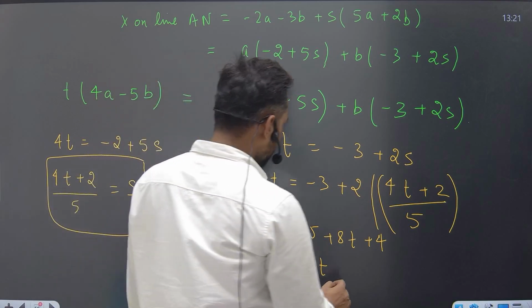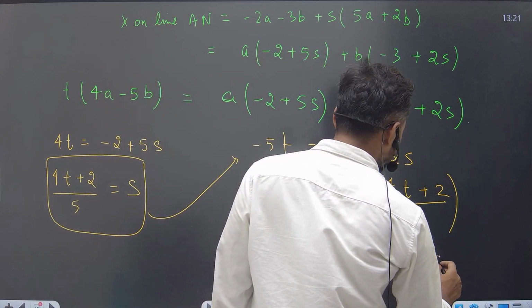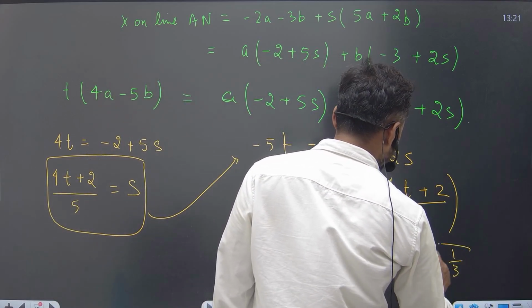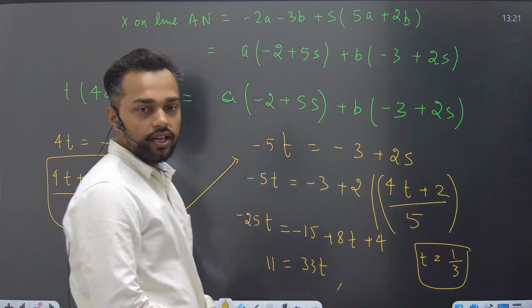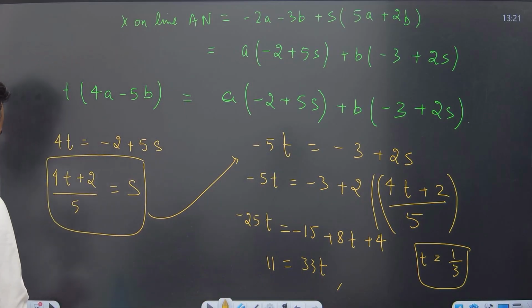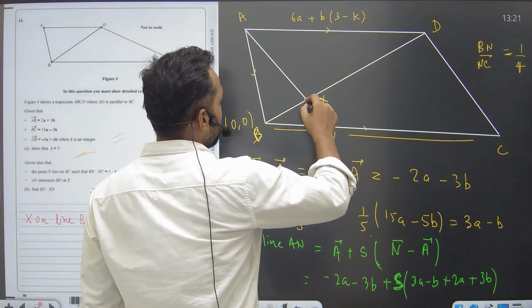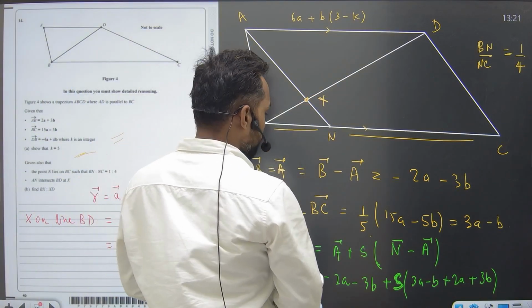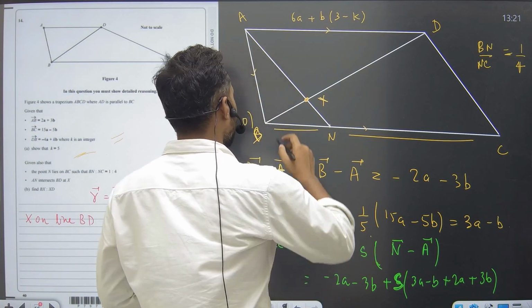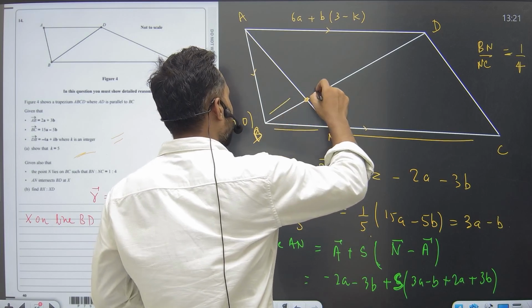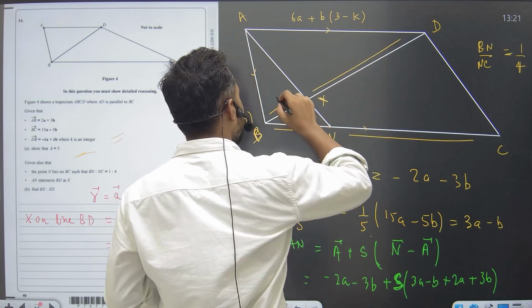So from here, students, we get t equals 1 by 3. This is the ratio which we are getting, so by this we have calculated BX by XD, that is 1:3.